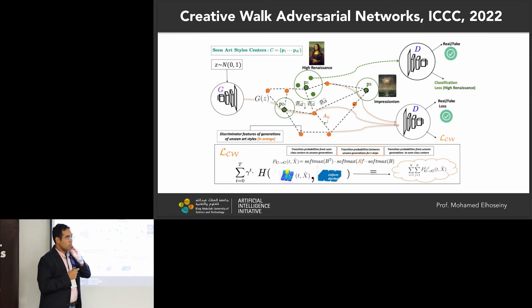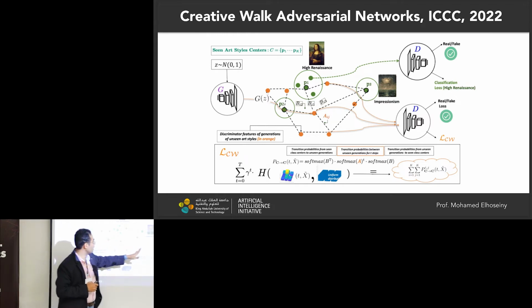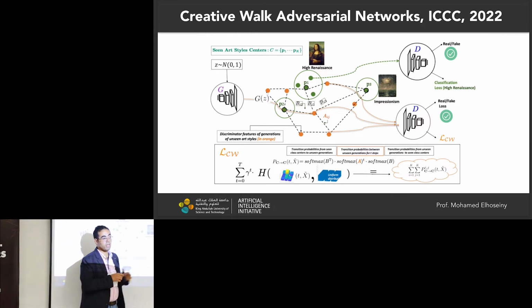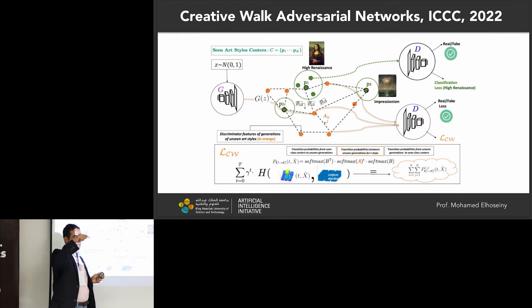How do we do that? We compute 3 transition probability matrices. The first one is from the green points to the orange points. We have 3 times n. And then we compute that by the distance in the feature space of the discriminator, because we have those represented as vectors in the last layer of the discriminator. So we compute e to the power minus the distance between every pair.